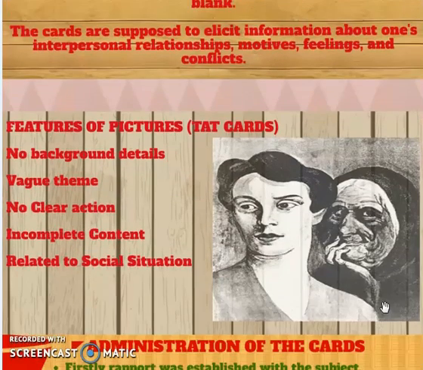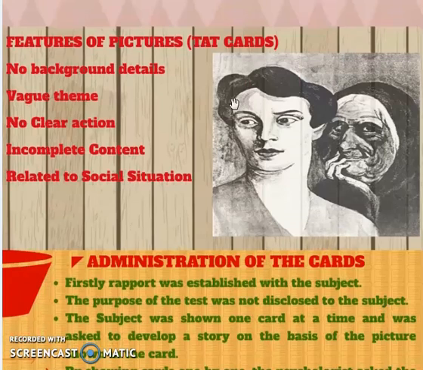Regarding the features of the pictures or TAT cards, no background details were shown in these cards. The theme of the cards was also vague. No clear action was shown in these cards.